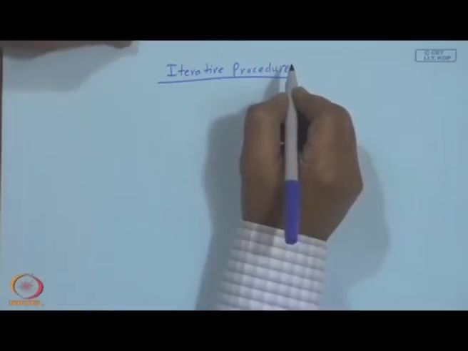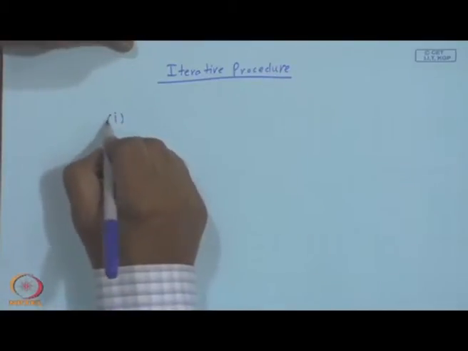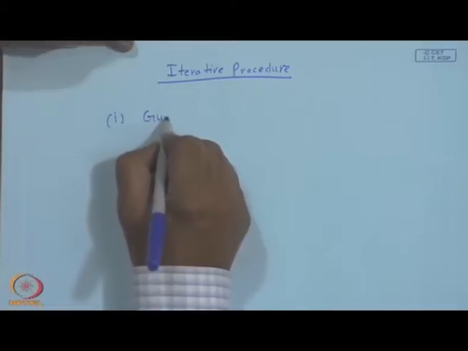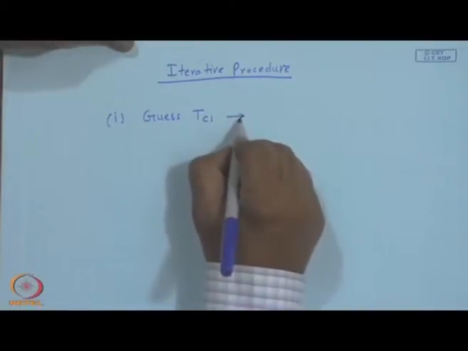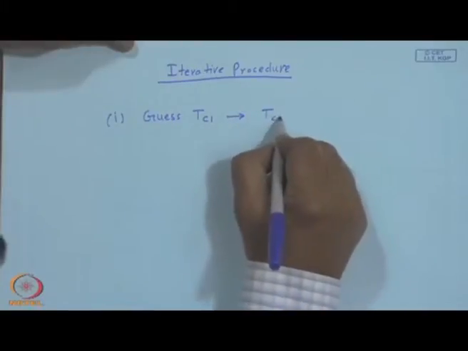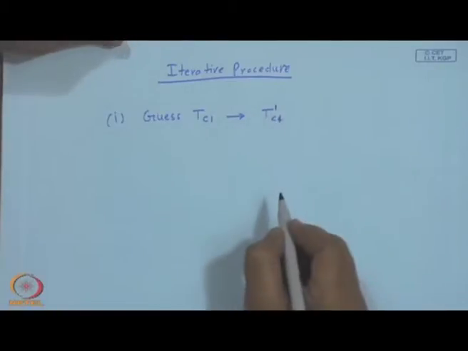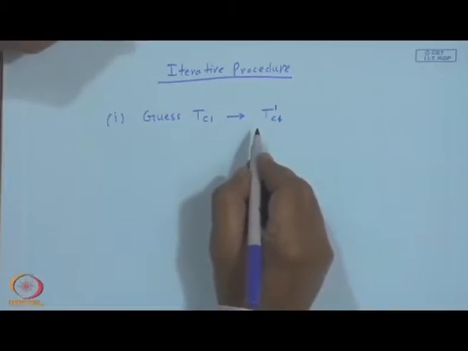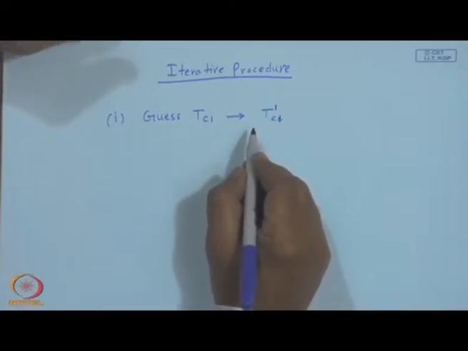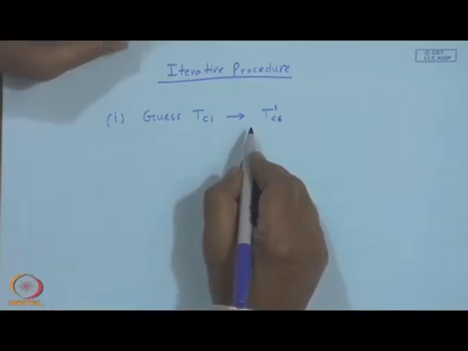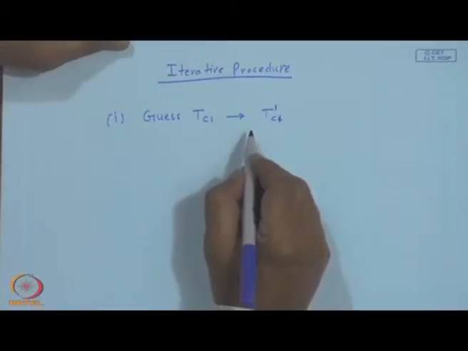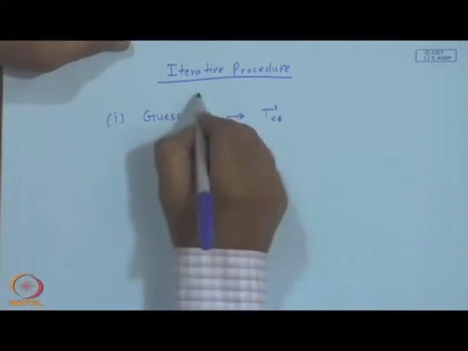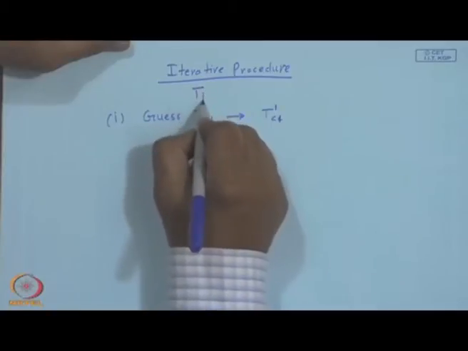Right. So, step number 1, we will guess Tc1. Let the first guess be Tc1 1. So, in case my first guess is not correct, I will go to second. If second one is not correct, I will go to third, so on and so forth, and we will try to iterate, and we set up a procedure or the principle behind iterating this section. So, the first step is T p known, let us write it down, T p known.